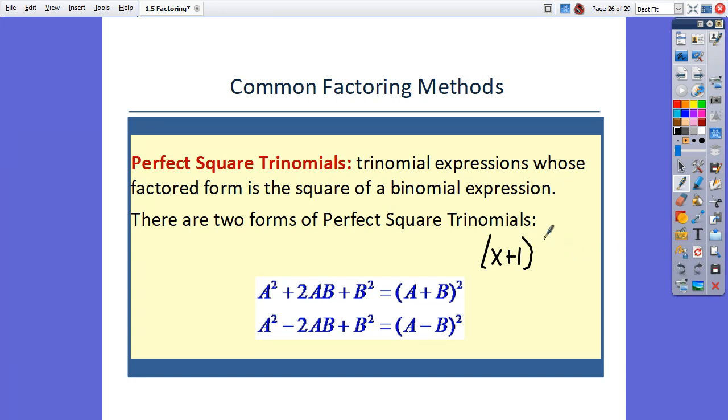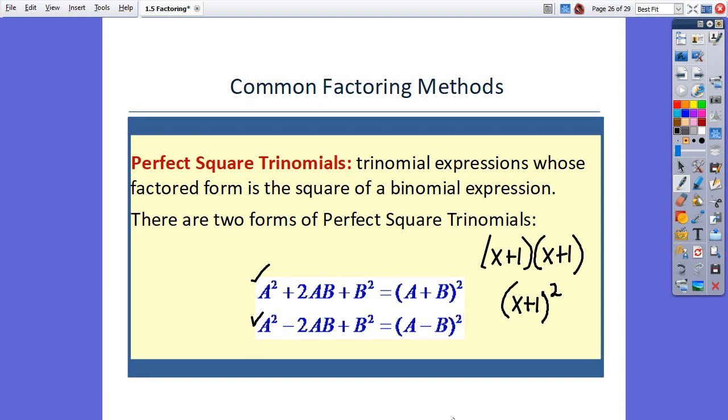If I get a situation where I have this as my answer, then we probably want to write this a little cleaner, which means we write it as x plus 1 squared, and that's called a perfect square trinomial. But there are formulas, and it would be nice to familiarize yourself with those too, whether it's the square of a sum, or the square of a difference.